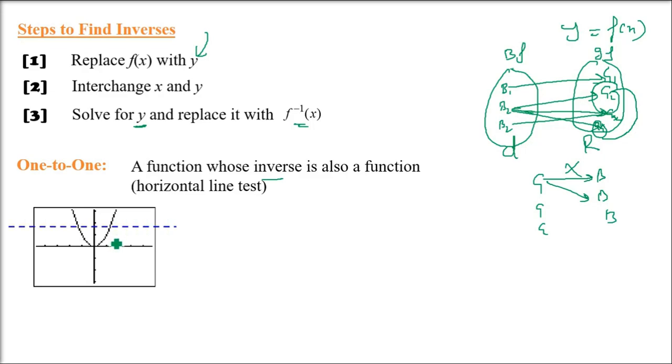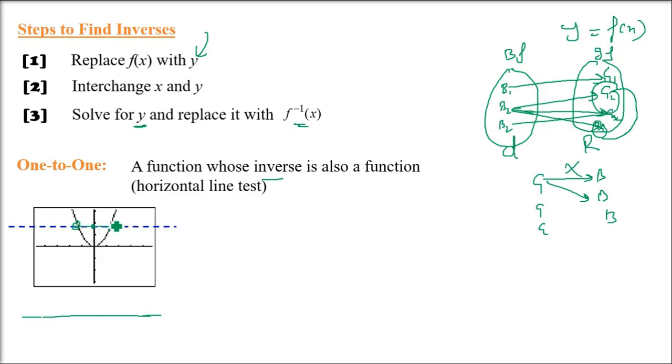So what we have to check before even talking about inverse is whether it is 1 to 1 or not. So this is a horizontal line and it traverses vertically, and every time we check whether it cuts the graph in more than 1 point. If it intersects the graph in more than 1 point, then it is not 1 to 1.